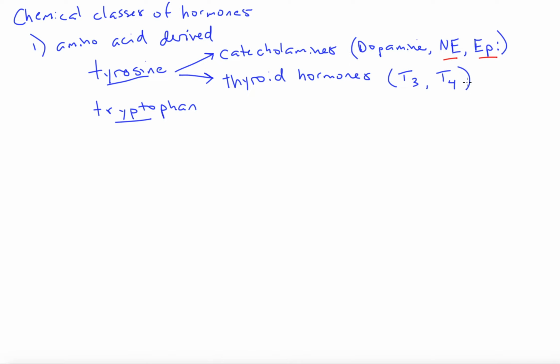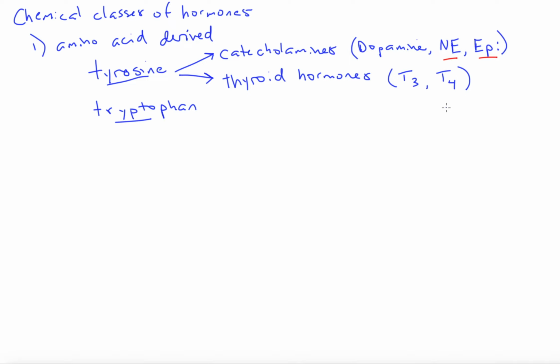Tetra means 4, right? So those are our thyroid hormones, and actually T4 is known as thyroxine, which is a more common term, even though that's not actually the active hormone. T3 is the active hormone. T4 gets converted into T3. Okay, so those are the thyroid hormones.